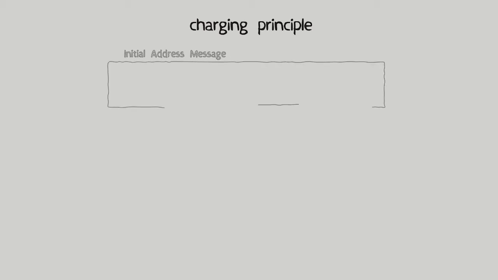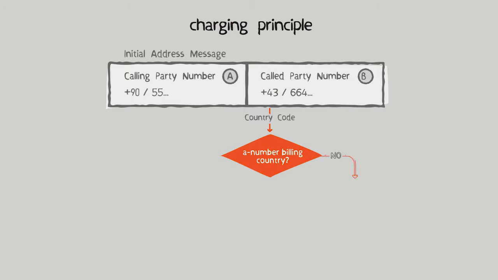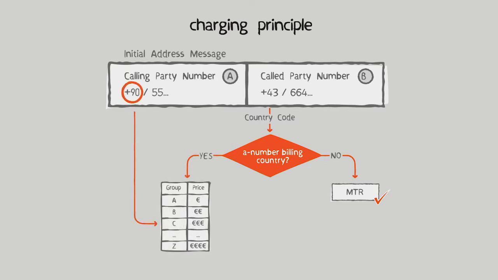Take the incoming IAM message and check the called party number to see if the destination, based on the country code, is using A-number billing. If not, apply MTR charges as agreed in the contract. If the destination network provides A-number billing, also check the calling party number and apply the MTR based on one of the price groups.